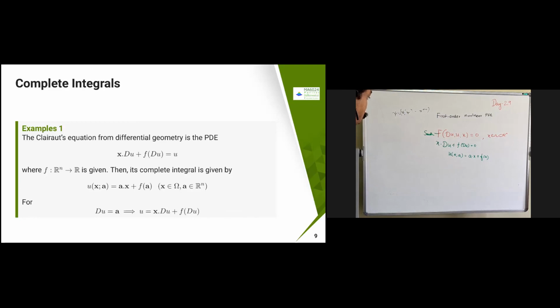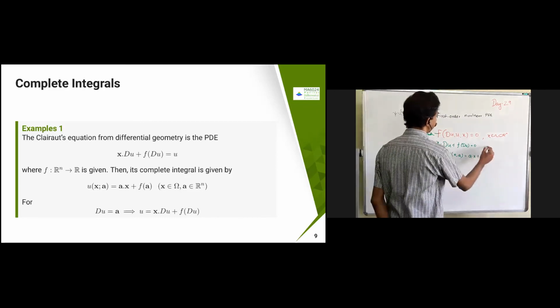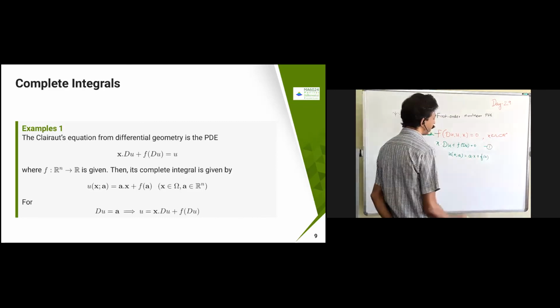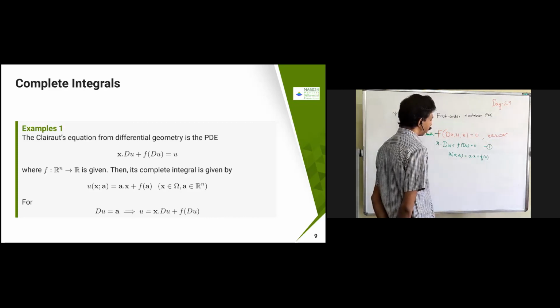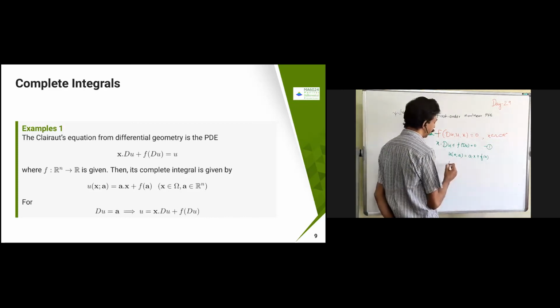So first question, whether it satisfies the given PDE. Let's say this is equation 1. First question, whether this satisfies equation number 1. That we will verify. So what is going to be Du?